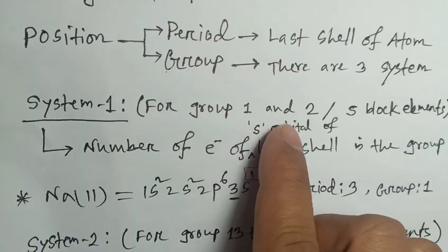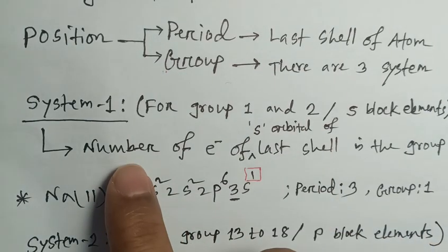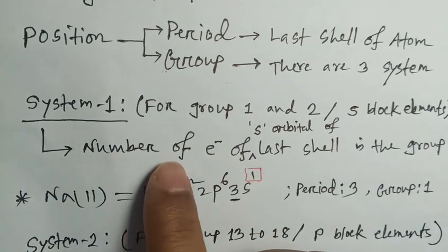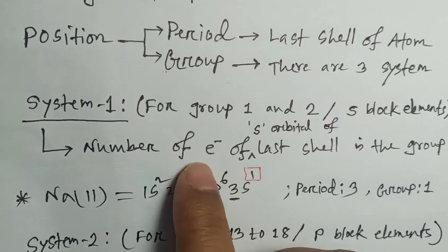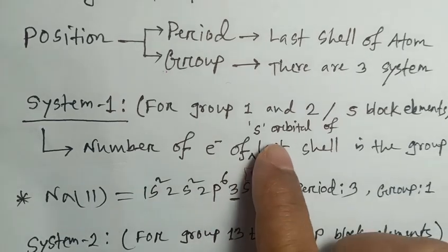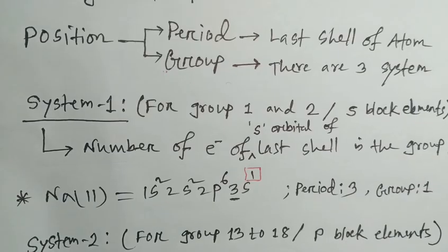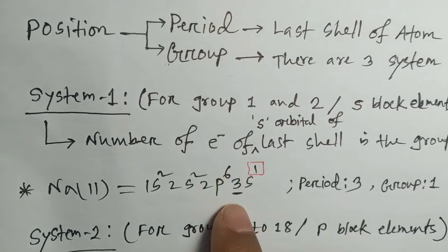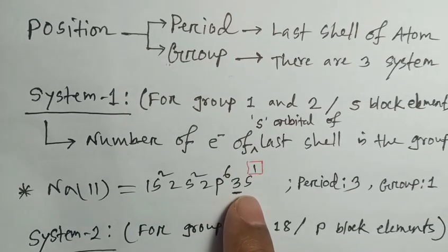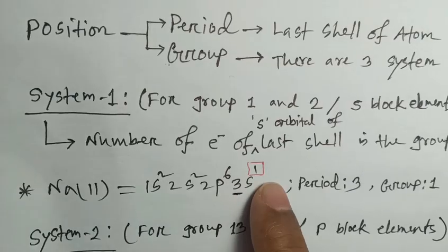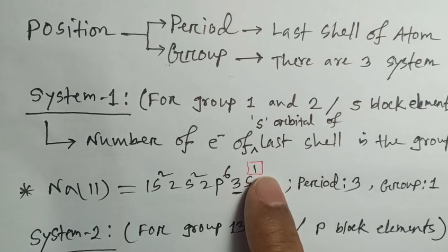This is very simple. The total number of electrons of the S orbital of the last shell is the group. If the S orbital is in the last shell of an atom, then the number of electrons is the group.